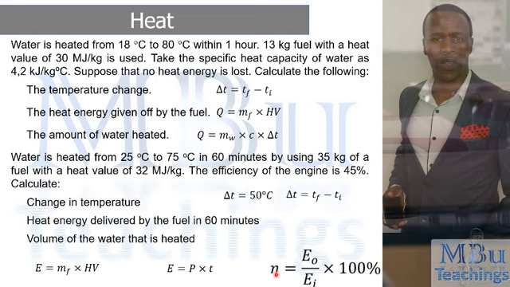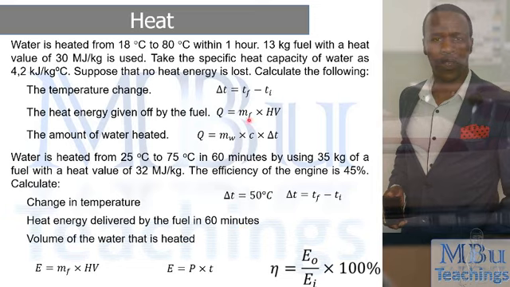So what do we have here? Alright, for the first question it was easy. You just subtracted those two. Change in temperature, I can subtract them there. So the next one is heat energy delivered by the fuel in 60 minutes. So obviously heat energy delivered by fuel, because they're talking about the fuel.